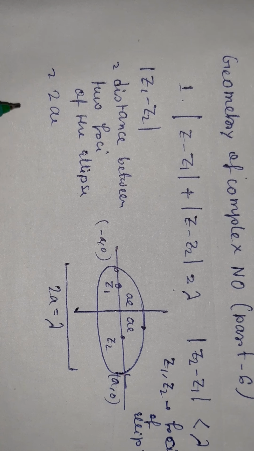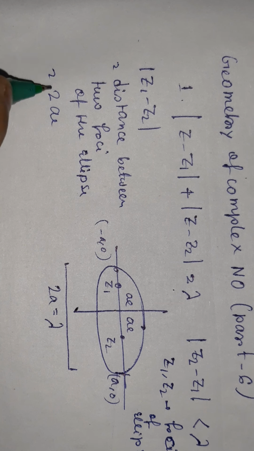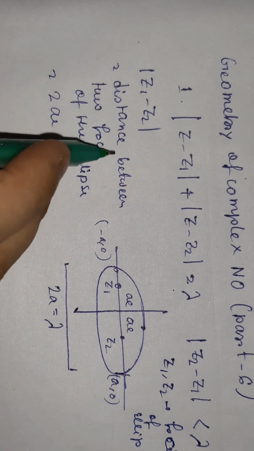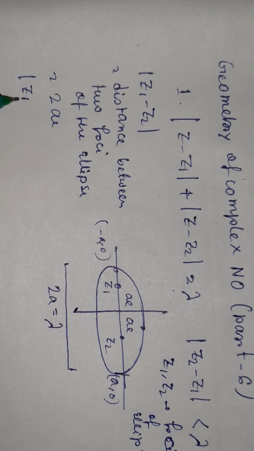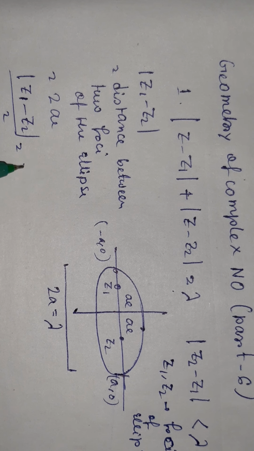So half of the distance between the two foci, |z1 - z2|/2, is equal to ae.